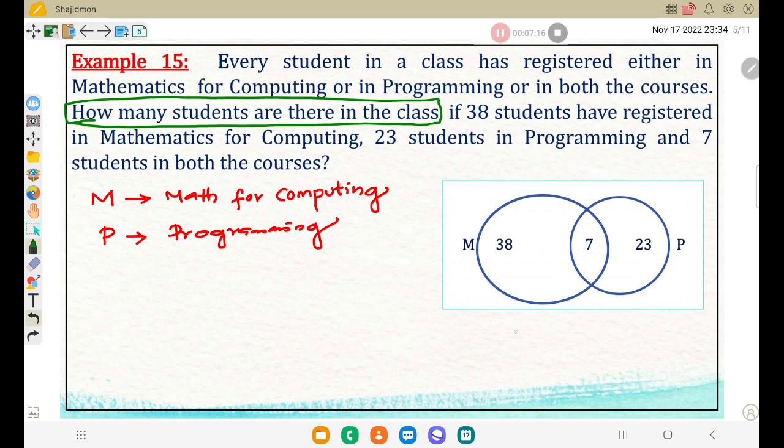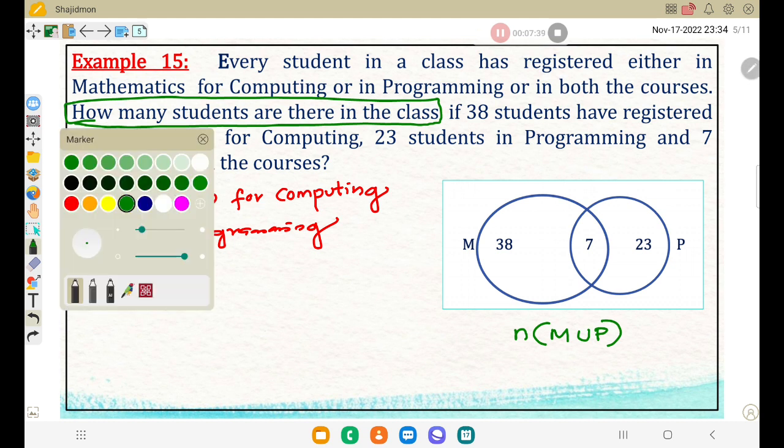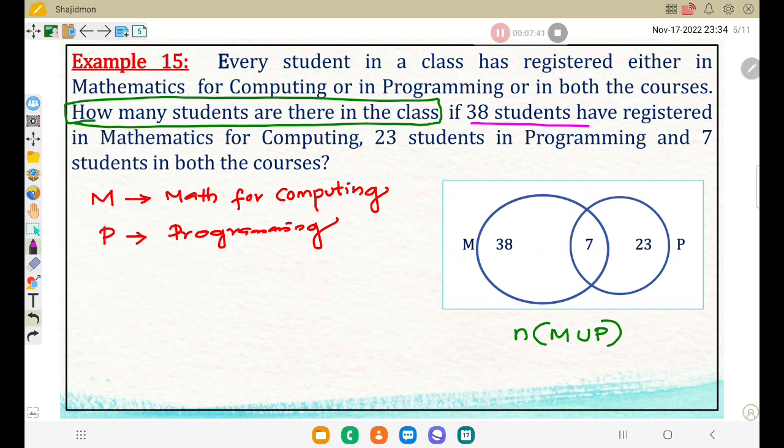That means we need to calculate the number of elements of M union P. The number of students in the class means the number of math students and programming students, or both, correct? Full students. Now, 38 students are registered in mathematics, that means the number of mathematics for computing students is 38.